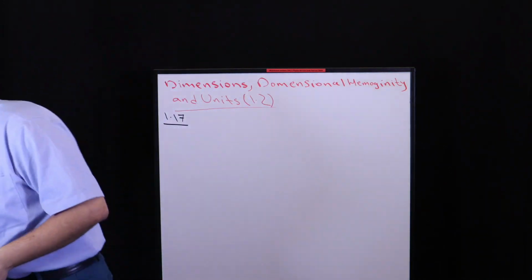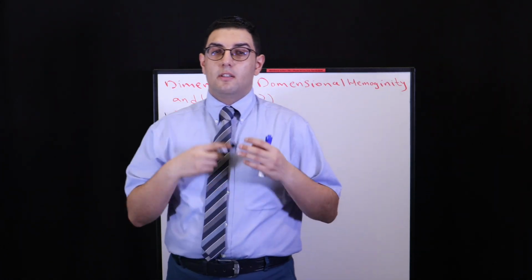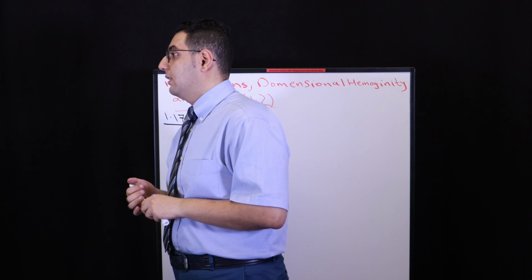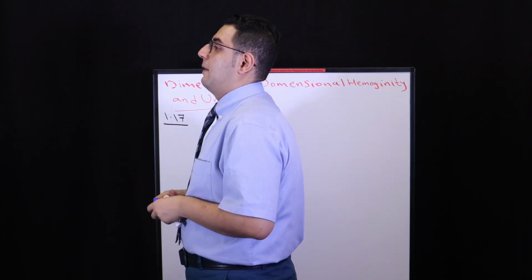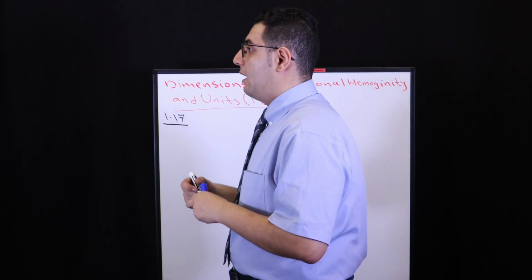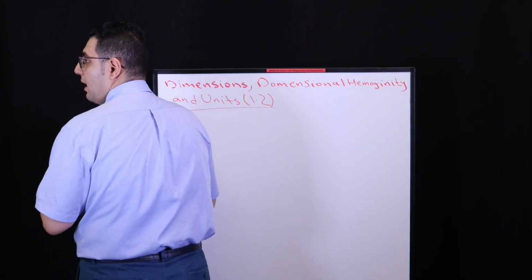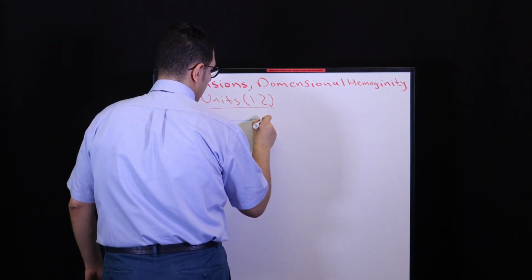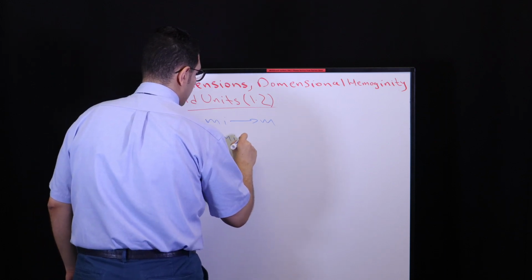Unit conversion in fluid mechanics, as I told you in the presentation, is really important. You just have to learn it sufficiently and correctly. So, we're going to have a unit conversion of miles to meters. We have 240 miles.